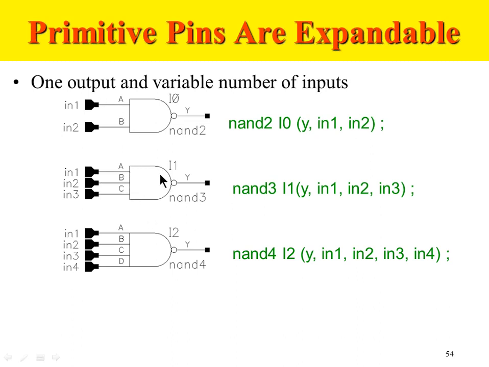If there is a standard three input NAND gate available in the primitive library inside the synthesis tool, it will pick up this component from the library and use it. If not, it will use two input NAND gates and combine them to get a three input NAND gate, like what we saw a couple of lectures ago.